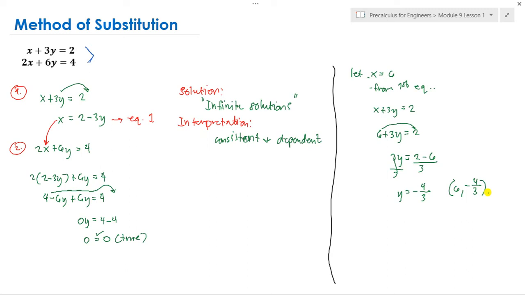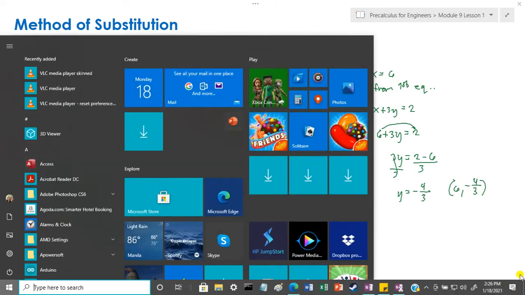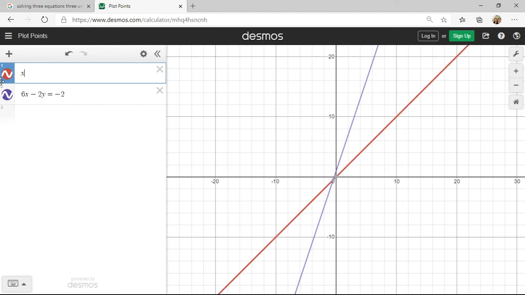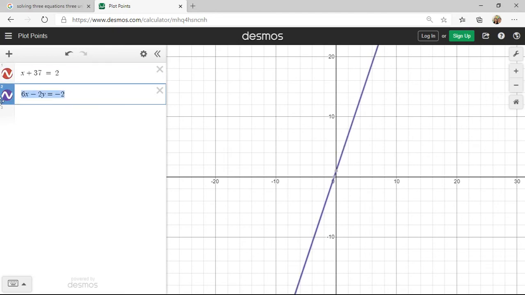Okay, 2x plus 6y is equal to 4. So our first equation is x plus 3y equal to 2, and then 2x plus 6y is equal to 4.